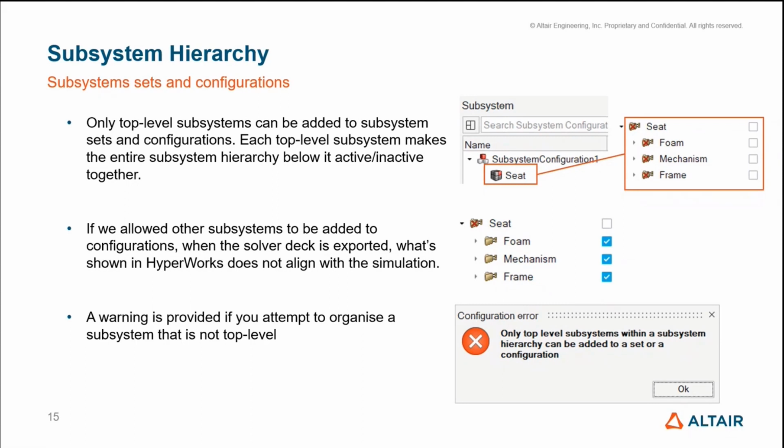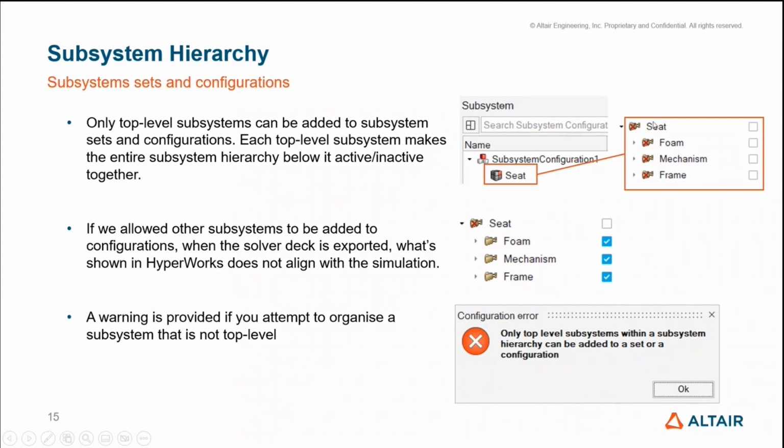Anytime you have a block of subsystems, like this hierarchy of the seat, you can only move the seat subsystem itself into the configuration. You can't move any of the subsystems below it. And when you activate a configuration, it takes the seat and everything below it, just like it was with the representation. It takes all of the content below it and treats it as one big block.